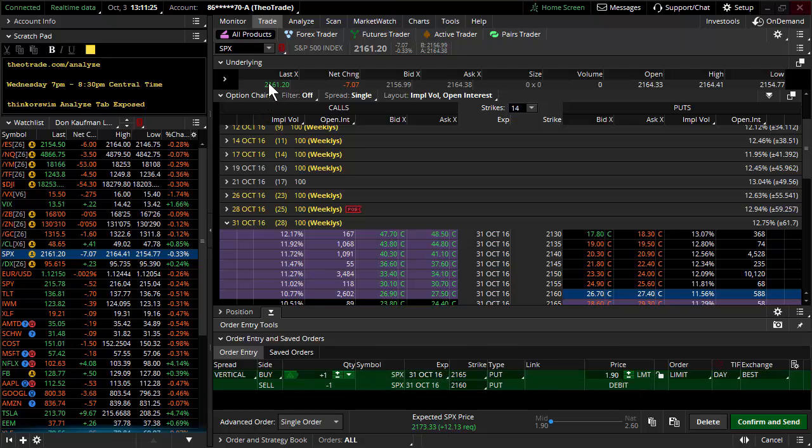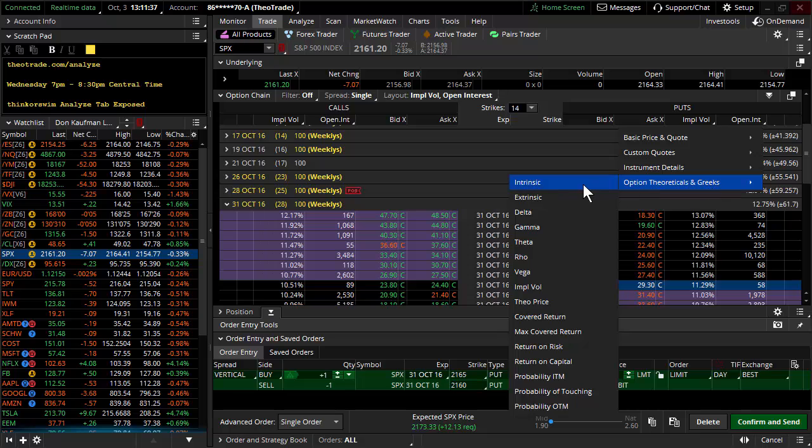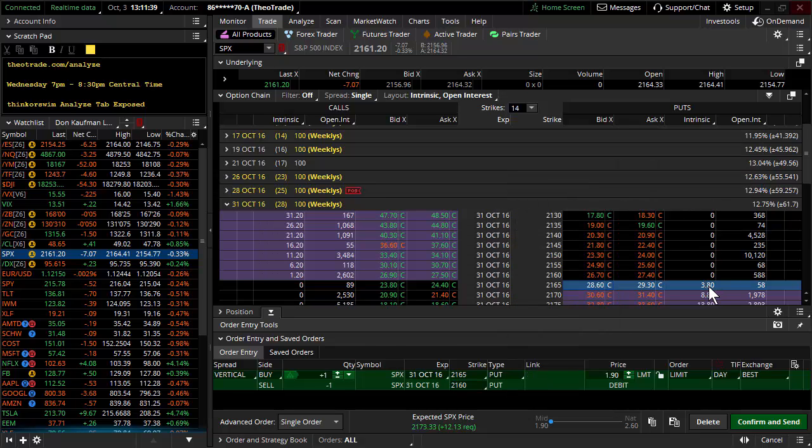But if you take a look very carefully, this spread is already in the money by what amount? If you ever want to see how deep in the money a spread happens to be, go to options, theoreticals, and Greeks, go to intrinsic value. This spread is intrinsically worth $3.80, and it's currently trading at a market of about $1.90. I'm pretty sure an execution could be achieved right around $2.